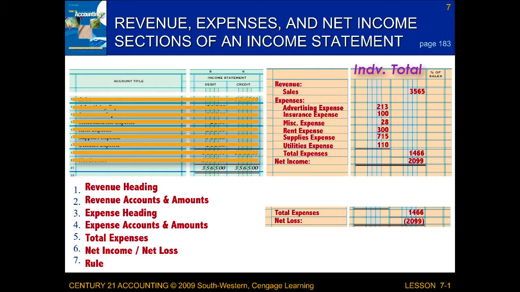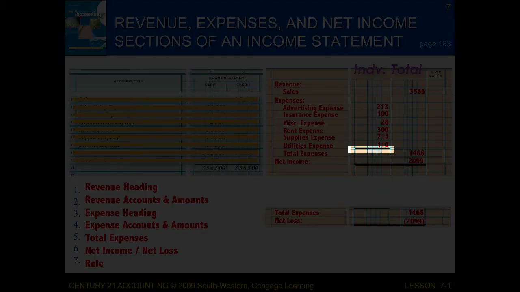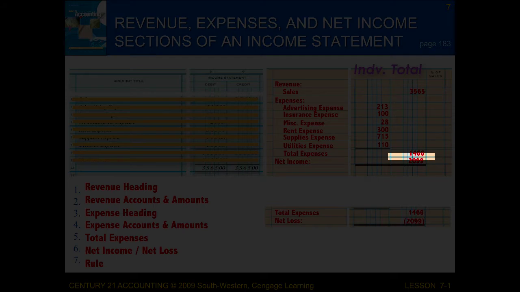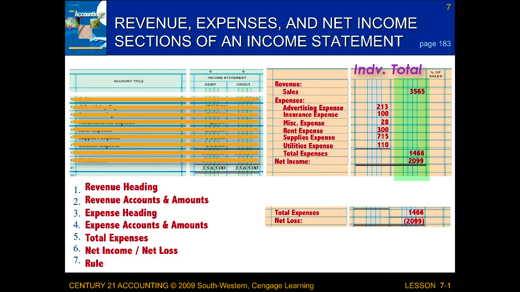And you can see that's already done in this income statement for you. There's a single rule underneath all of the individual expense amounts because we totaled that. And then there's a single ruled line underneath total expenses.